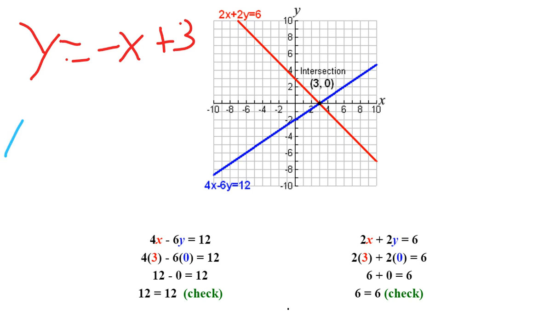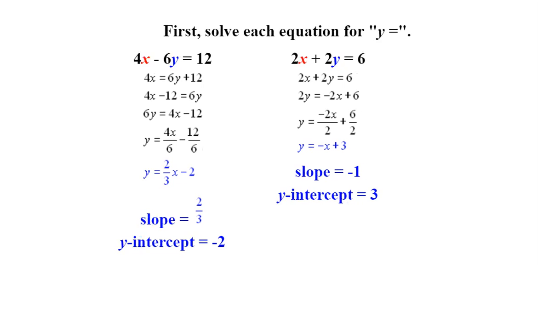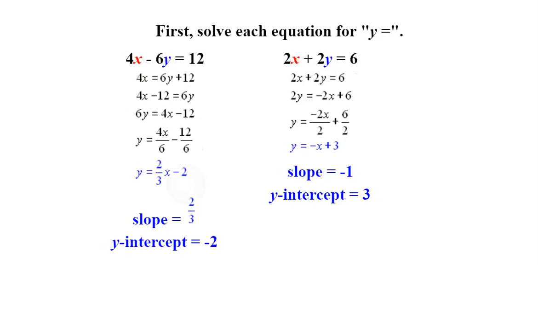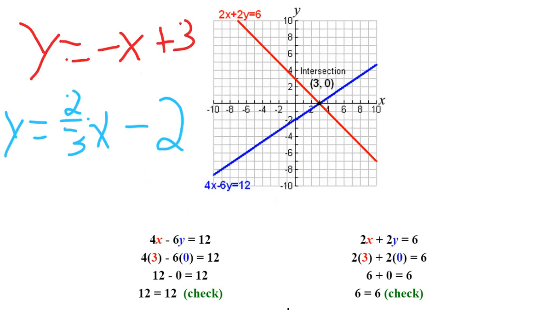And my blue was the line that was y equals 2/3 x minus 2. Look back at the last one. I have my 2/3 x minus 2, and negative x plus 3. So we'll do the red one first.